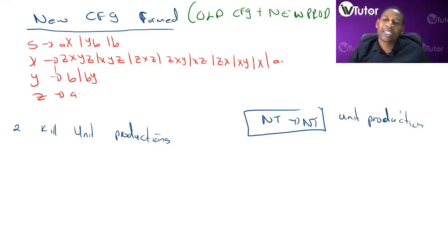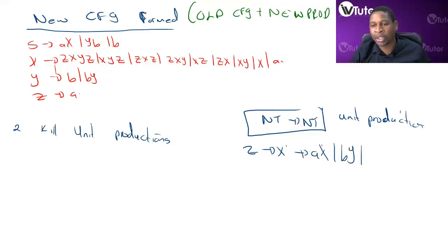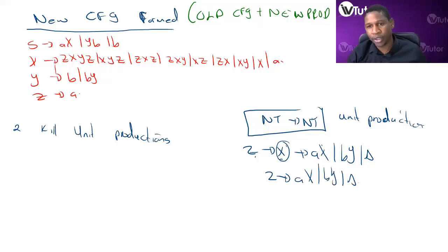In this unit production we have redundancy, in the sense that you're saying Z goes to X, and then X goes to A X, say, or B Y, or whatever. So this is just a passing through point. We could have Z going to A X, B Y directly.